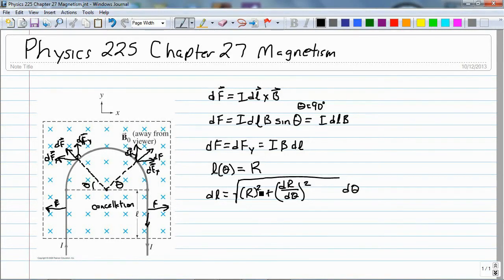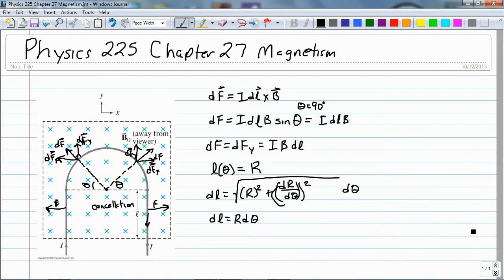And notice that this differential goes away because r is not in terms of theta, and then we just are left with r squared square root, so our differential length is equal to r d theta.